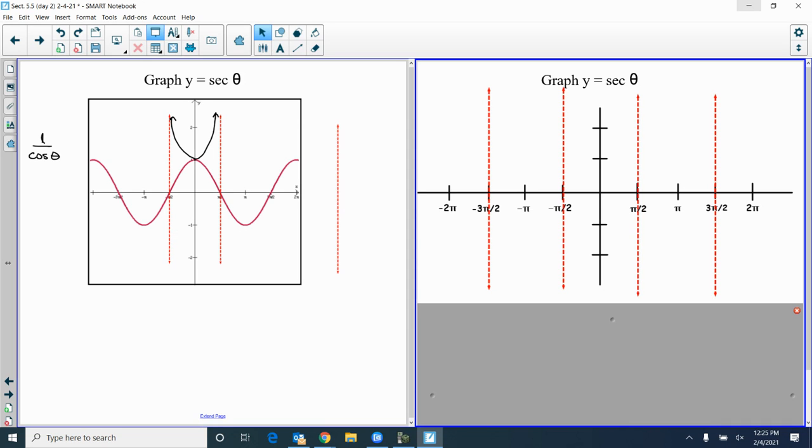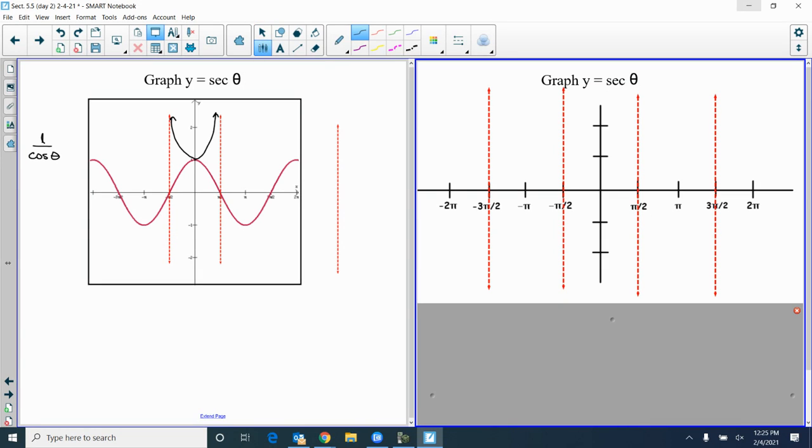Okay, now we just did the one in the middle, so it hits at 1 and opens up. And now it's going to hit at negative 1 to the left, and also negative 1 at pi.